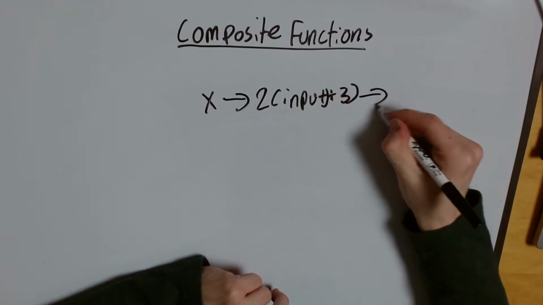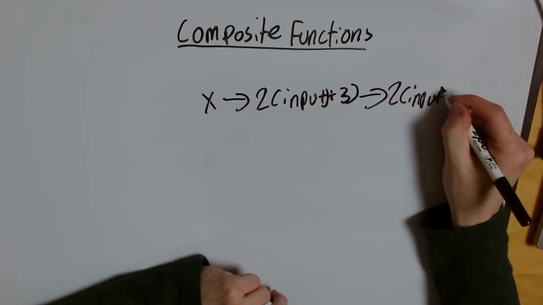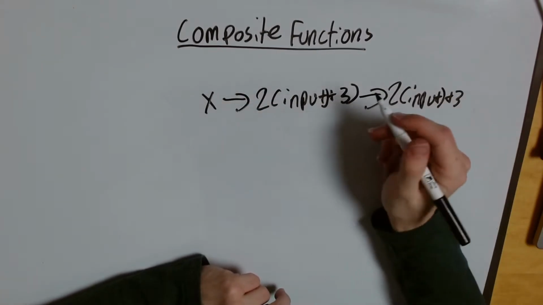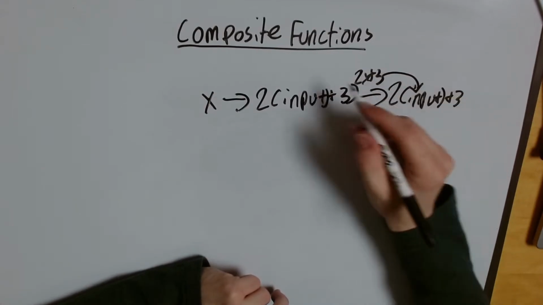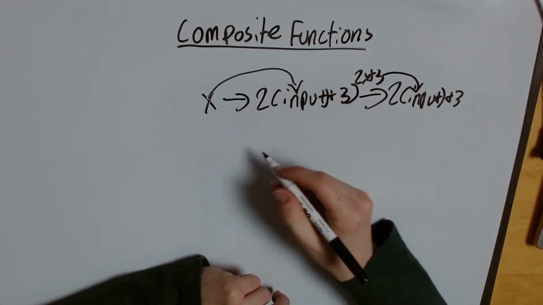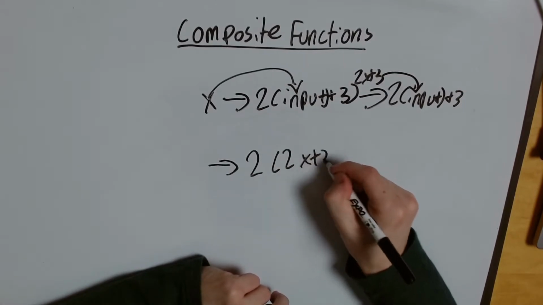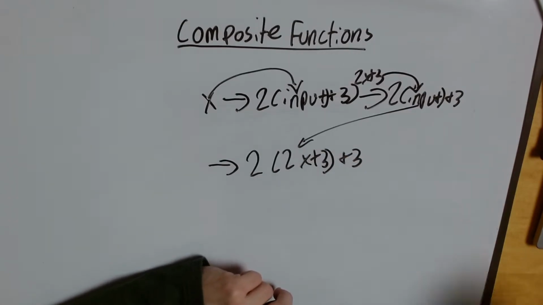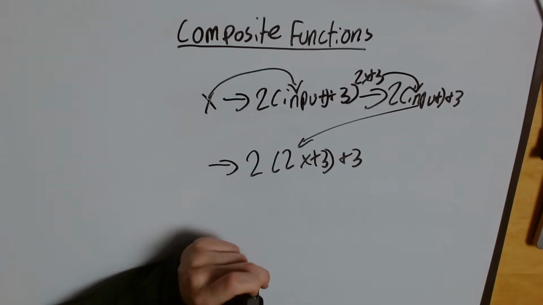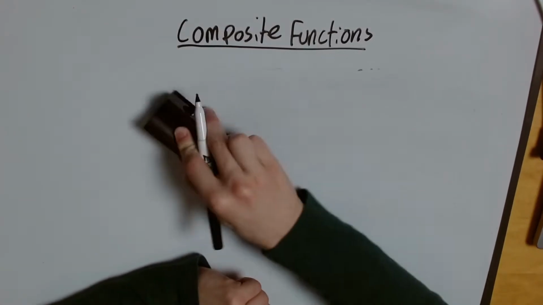We took that result and fed it into 2 times the input plus 3. So in this case, this is x. The result was 2x plus 3. We plugged that in as our input here, and the result was 2 times (2x plus 3) plus 3. And that's composite functions.